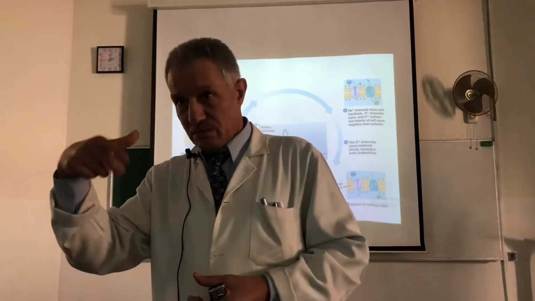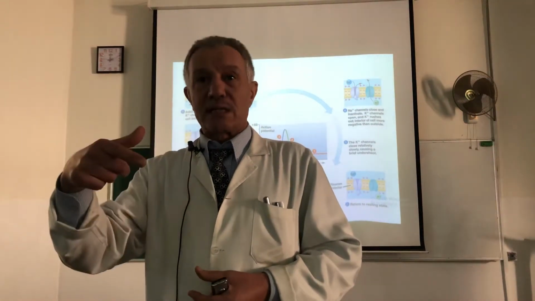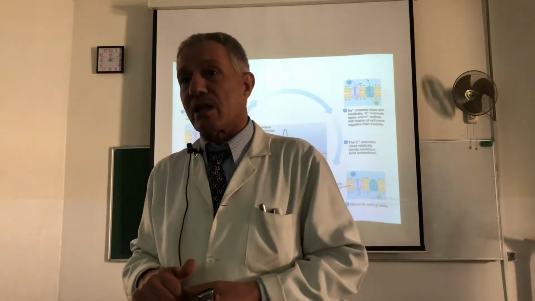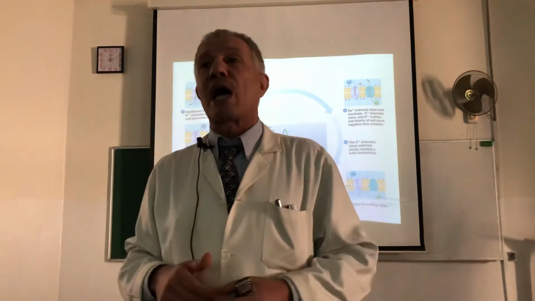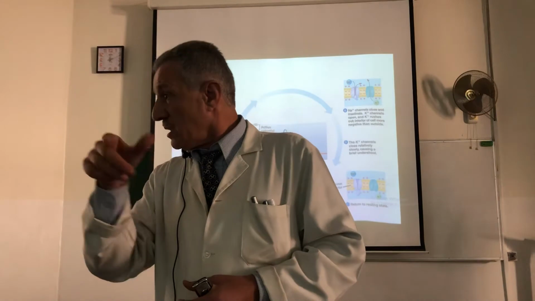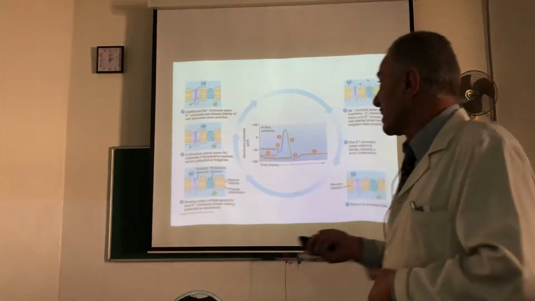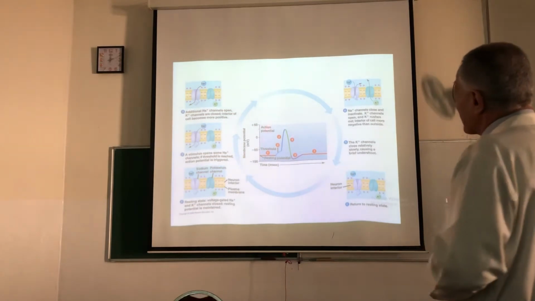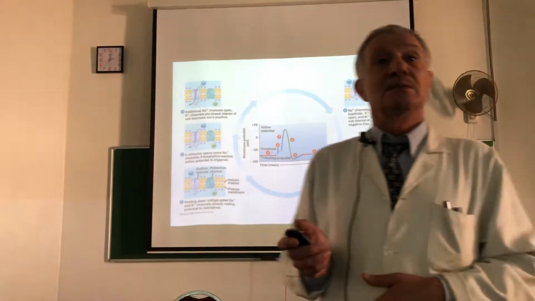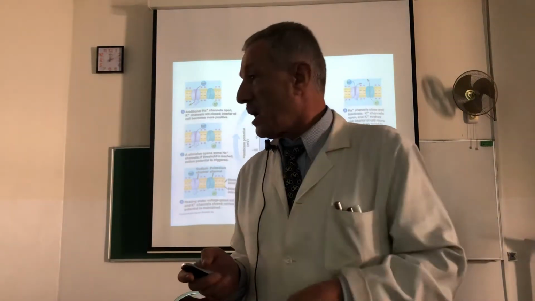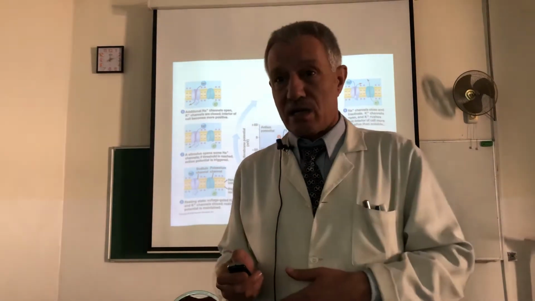These calcium channels have another role: to get entry of calcium toward the terminals and to get the release of neurotransmitter. But during action potentials, at these excitable cells, we have only sodium and potassium channels involved.